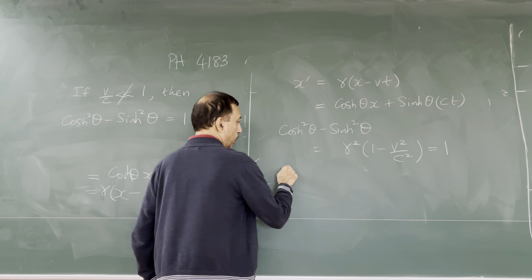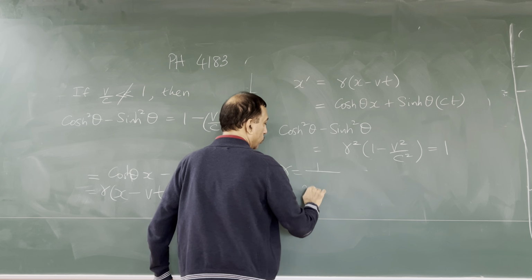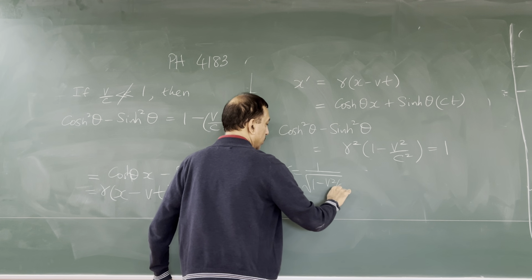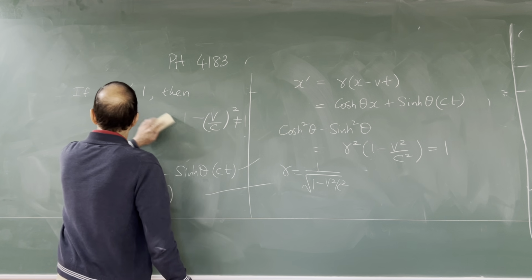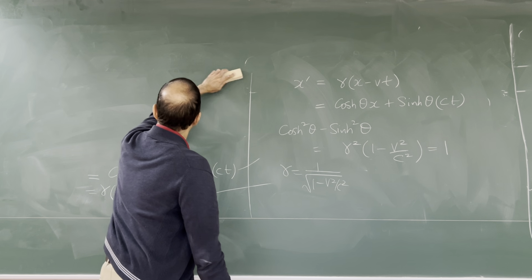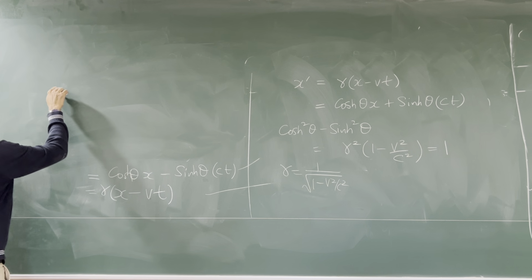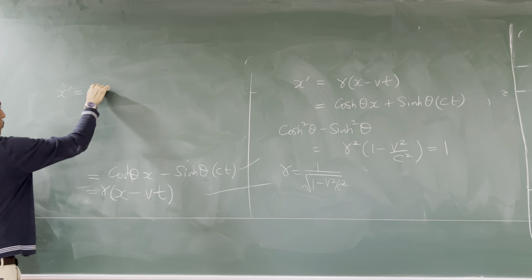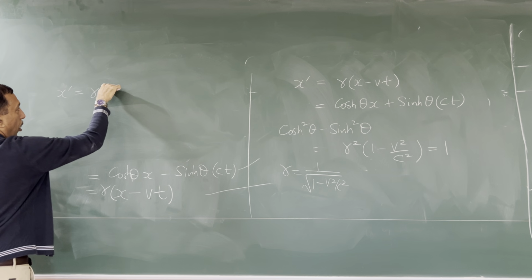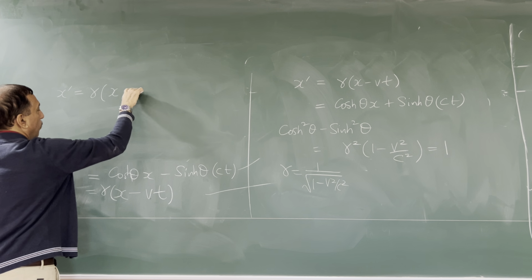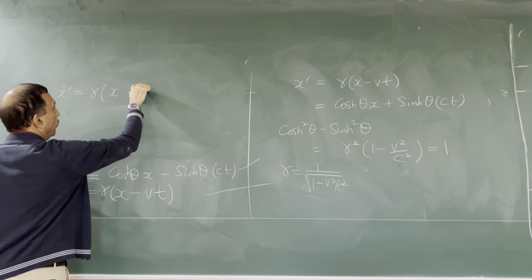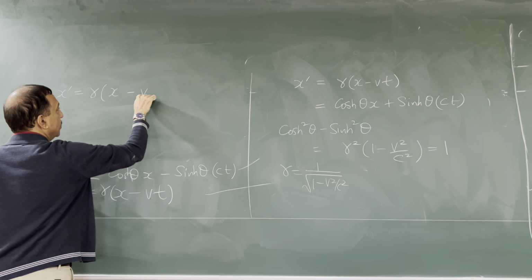So this means that gamma is 1 over the square root of 1 minus v squared by c squared, and the transformation between two frames, which is compatible with constancy of speed of light, then becomes x prime equals gamma times (x minus v by c ct).